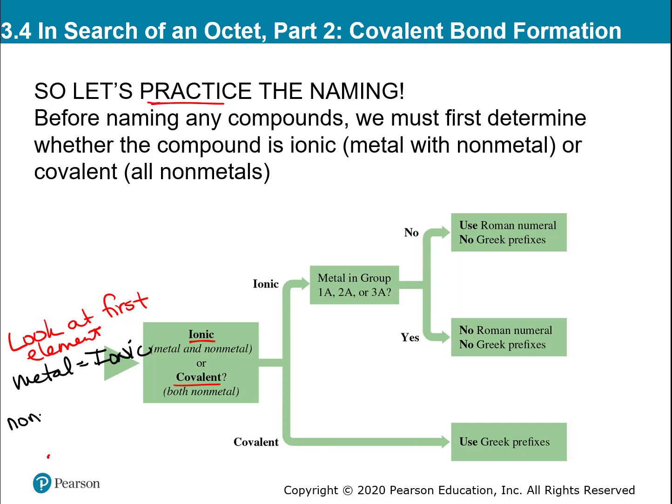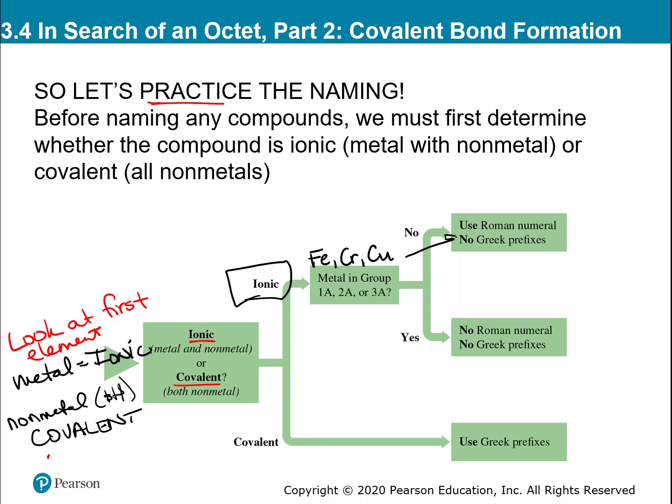So if it's non-metal, and hydrogen's included in this, then I know it's covalent. Okay, so if it's ionic, and it includes iron, chromium, or copper, then I know I have to use the Roman numeral, right?